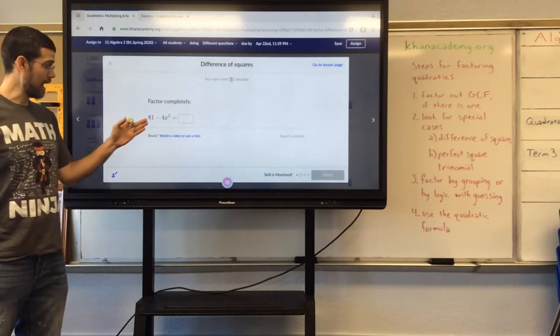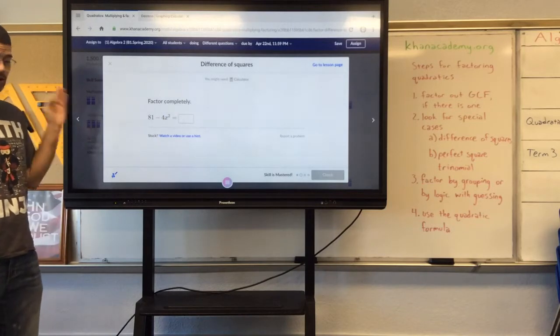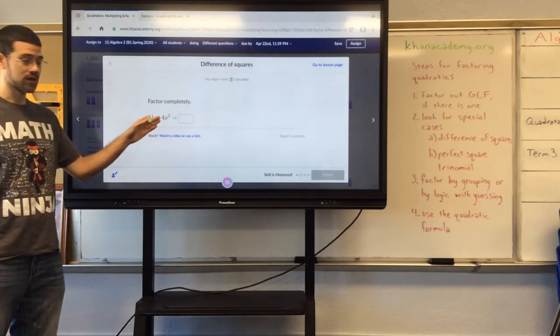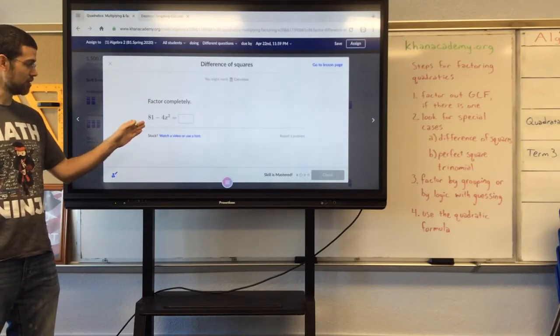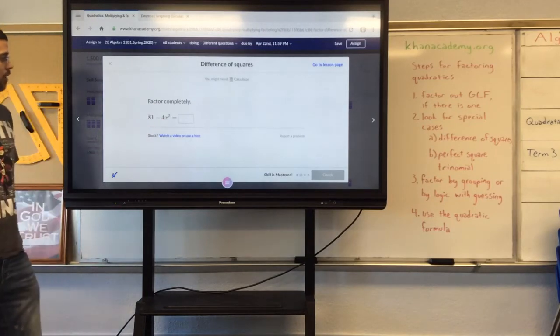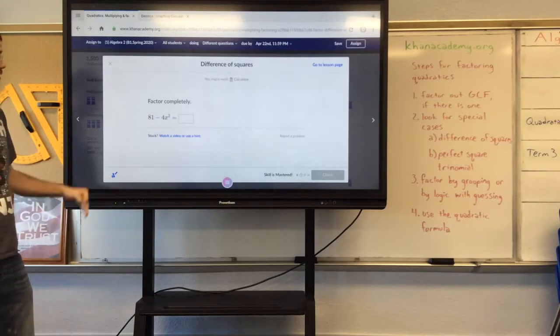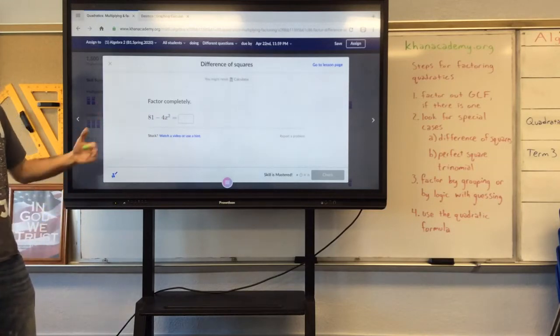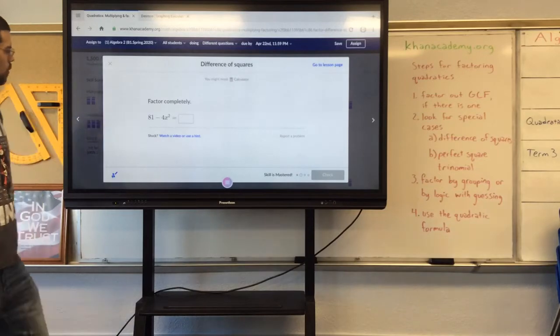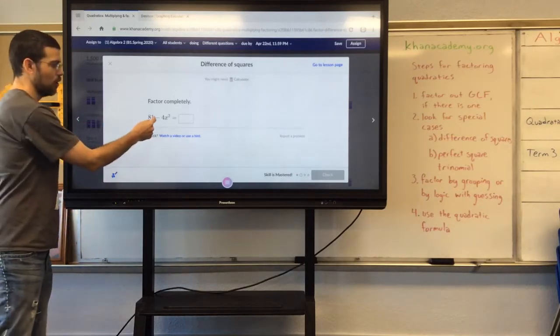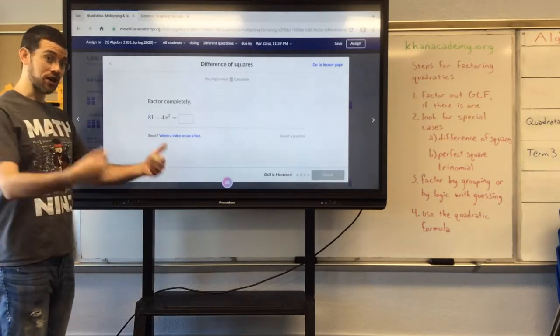There's an x only in one term, not in the other. There are 2s in this term, but not in the other. There are 3s that are factors of this term, but not of that one. And so we've got no great common factor, so we're ready to go. This is a difference of squares, right? We have a subtraction, which means we're finding a difference.